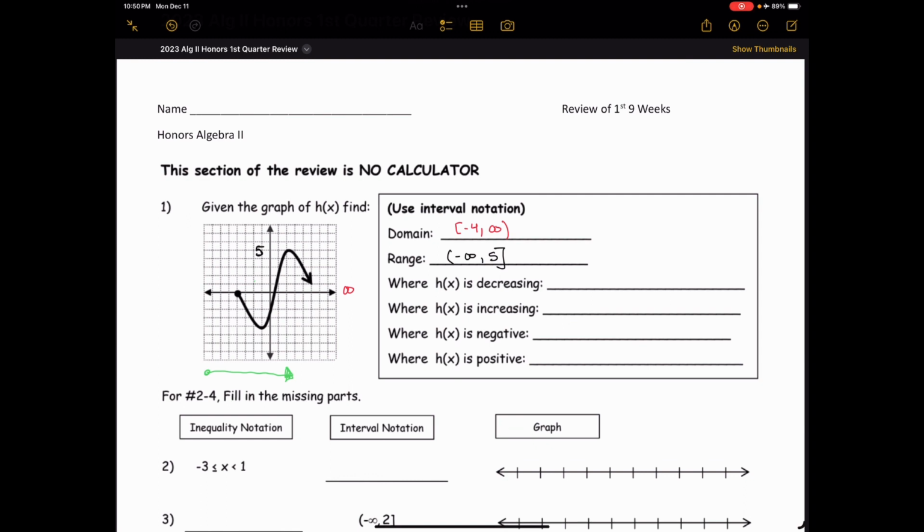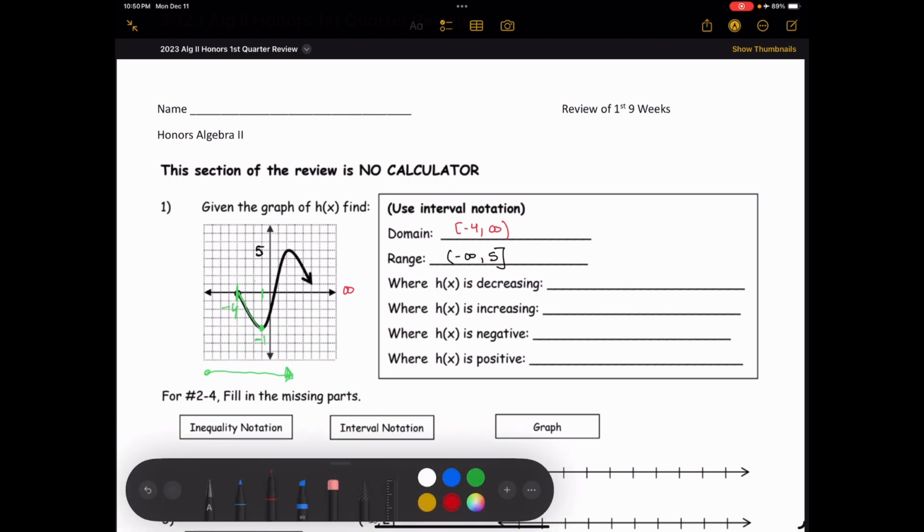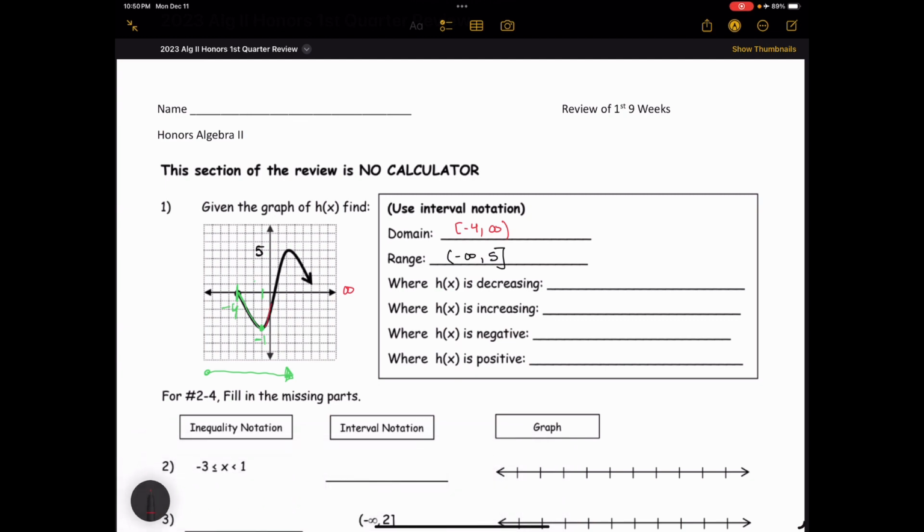The furthest left is at x equals -4, and it's decreasing, so we're going downhill from -4 to x equals -1. From -1 to 2, it's uphill, so we'll call this increasing.